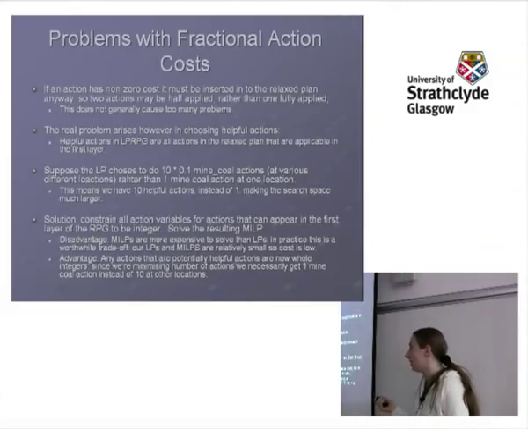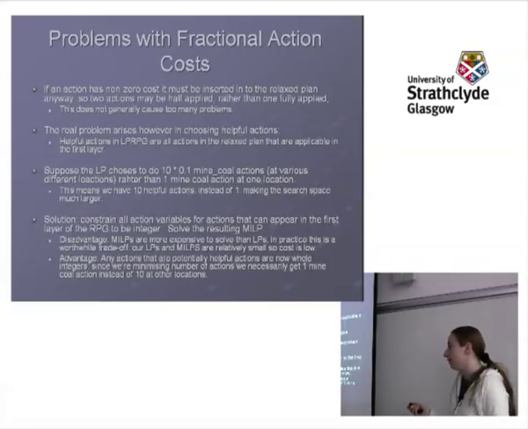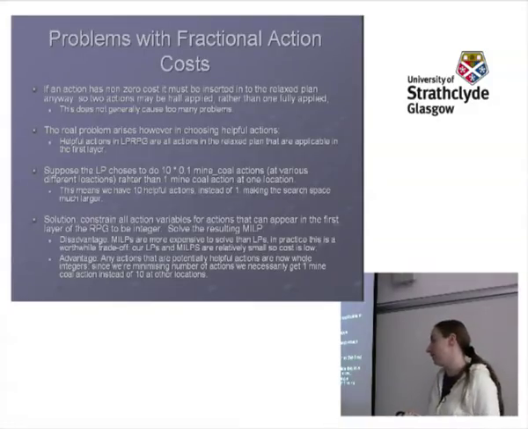So we're not going to get this 10 times 0.1 mine coal actions. The way to minimise the number of actions is to pick one mine coal action, because that's in the first layer of the planning graph. It's got no preconditions. And if we apply 0.2, then we've got to apply 2 whole ones, which is bad. So this sorts out our helpful actions, and it saves us a lot of needless search here, which more than compensates for this disadvantage of having a mixed integer linear program.